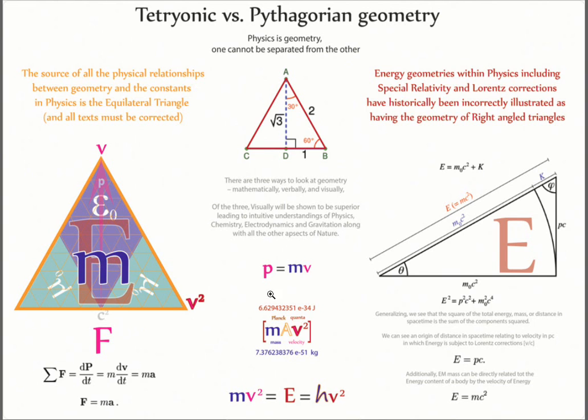Tetryonics not only separates these terms out, it gives them distinct equilateral energy momenta geometries. And again, it redefines them in terms specifically of the energy terms, in terms of Planck's constant or mass alpha, the equilateral energy geometries.